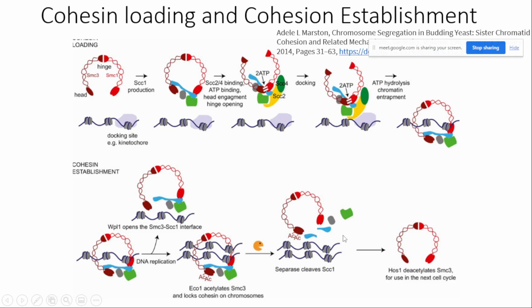Also after that, HOS1 will remove the acetyl group from SMC3, so that this molecule can be ready for the next cell cycle, right? So that is the mechanism of how the cohesion establishment happens, and how this establishment is regulated. That is depicted here.